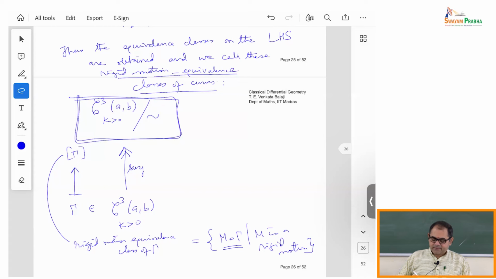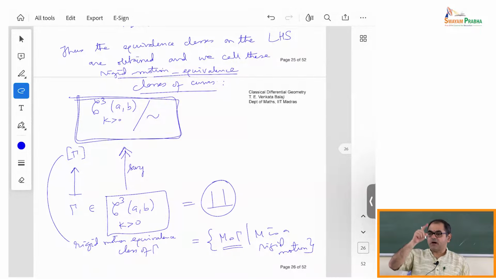Okay, and the fact is that this set here is actually a disjoint union. Okay, so this is the symbol for disjoint union. Normally if you put a U, it means it's a union, but two members in the union can intersect. But you use this special symbol, which is like an inverted capital pi. That means disjoint union: it is a union, but no two members of the union intersect.